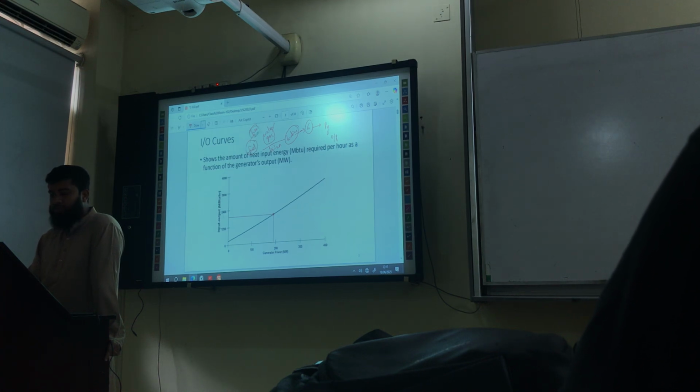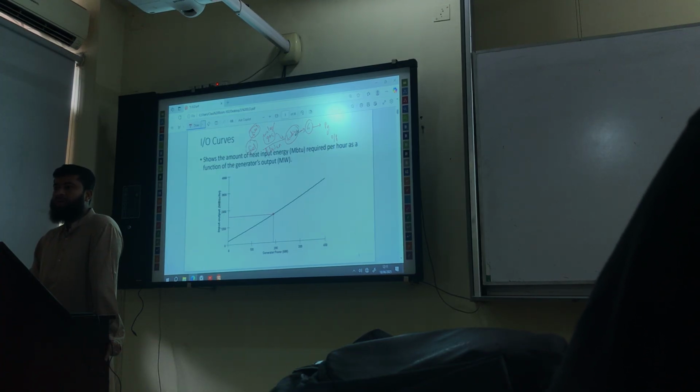That heat is used to boil the water to produce steam. That steam is used to rotate the turbine blades, which are connected to the generator via a shaft, causing the rotation in the generator, and finally we get the electric power output. That is the basic mechanism.